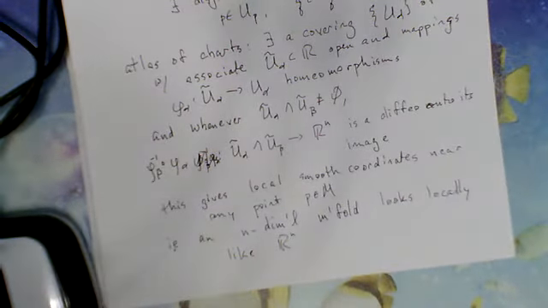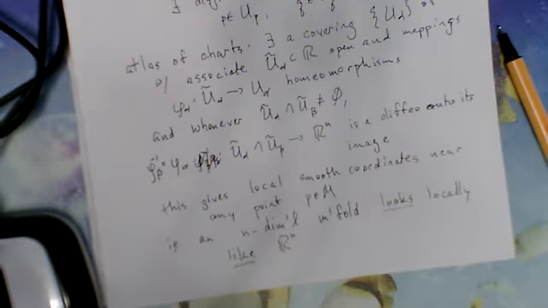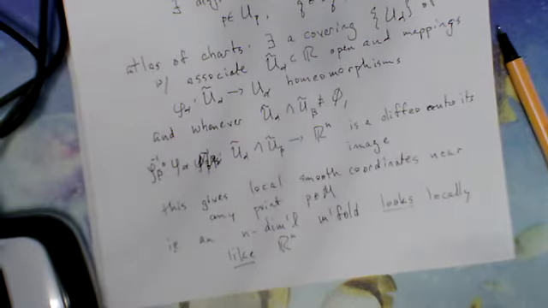A large part of differential geometry, Riemannian geometry, all of these fields, is trying to determine to what extent "looks like" actually holds. Does your manifold look like Euclidean space on small scales only to the level of its differentiable structure?